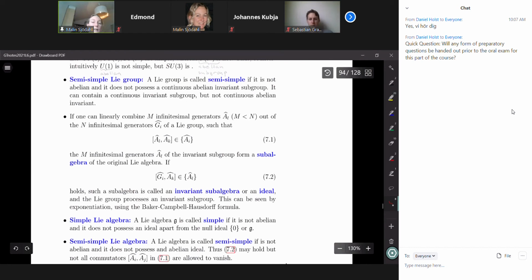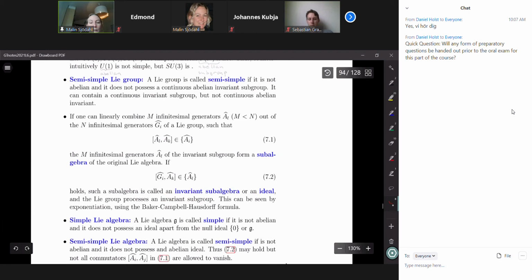And if in addition, when we take a commutator with one of the other generators, we still stay among the elements in the subalgebra, then we have an invariant subalgebra, also known as an ideal, and the Lie group will possess an invariant subgroup.